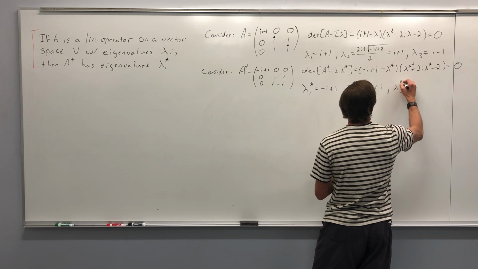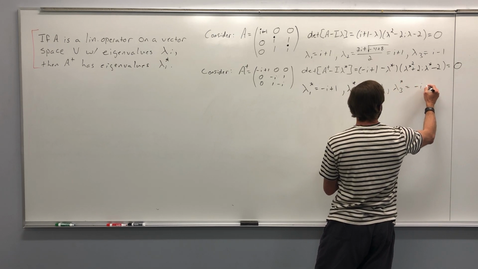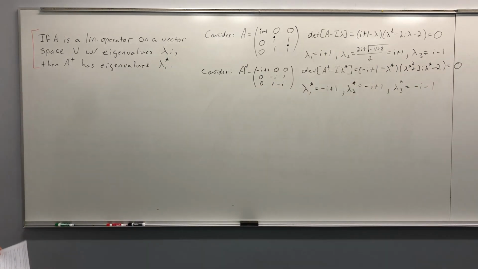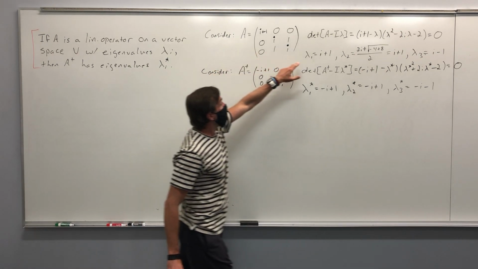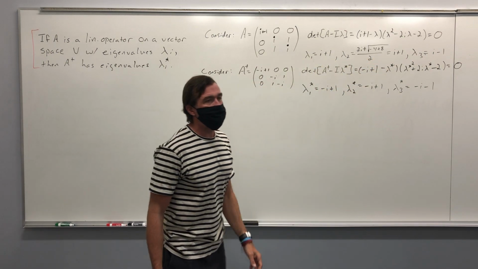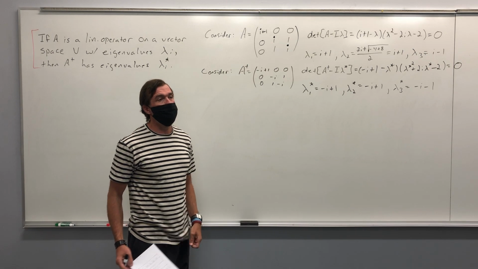And for lambda 3 star, I get minus i minus 1. Okay? So as promised by this theorem, if A has eigenvalues lambda i, A dagger has eigenvalues lambda i star. Okay?